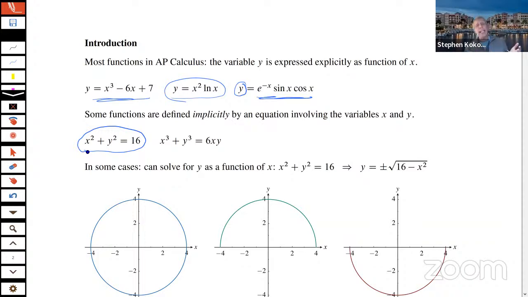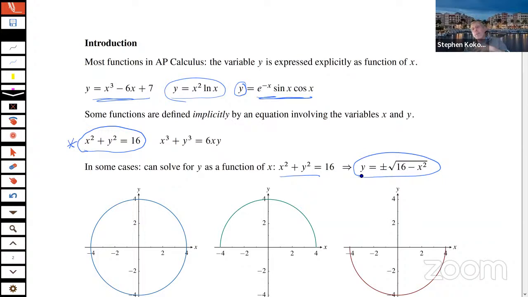Now, in some cases, if we're given an expression like this, we can solve for y as a function of x. So, for example, let's take a look at this one here. We recognize that as the equation of a circle that's centered at the origin and that has radius 4. And we can actually turn around and solve that for y in terms of x.